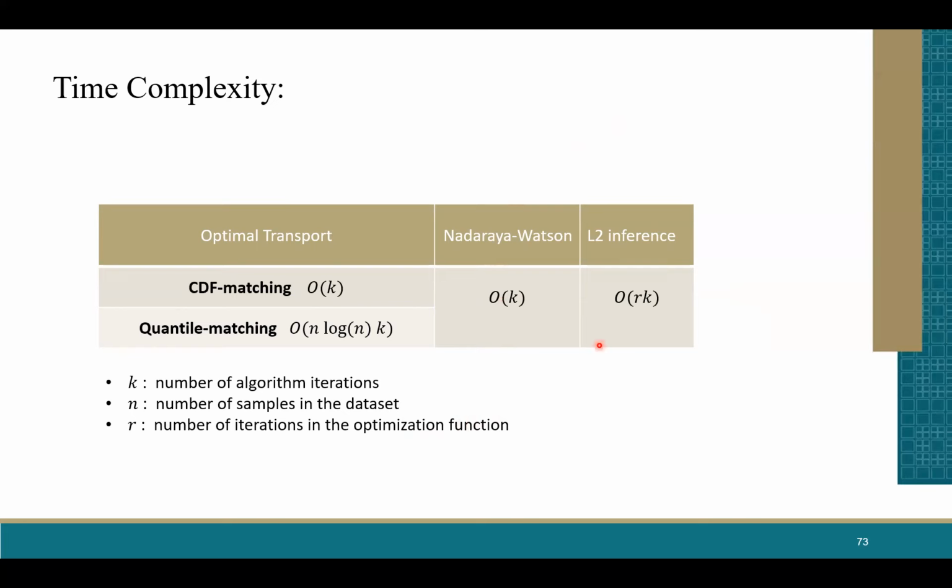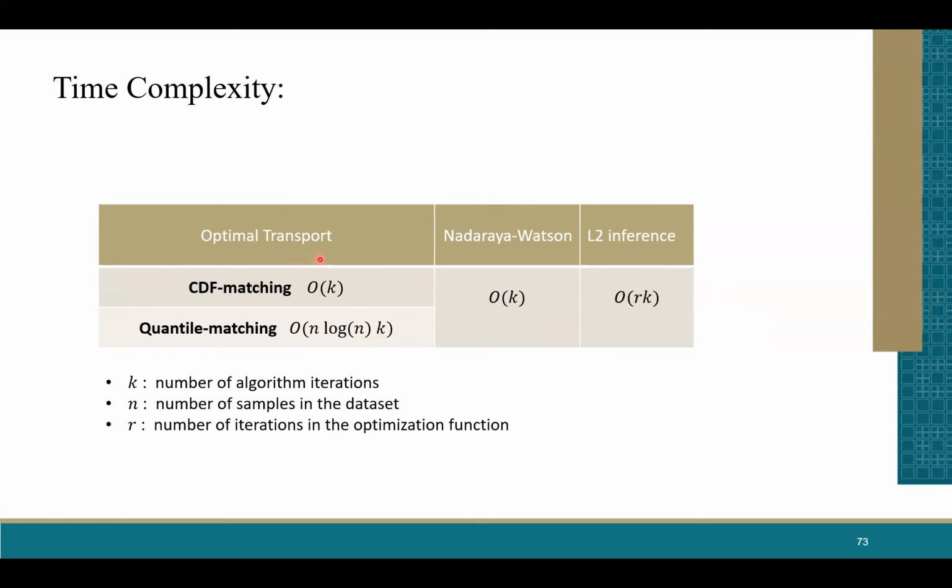So we have iterative algorithms, and these are the time complexity. Our iterative approach is suitable for parallel computation, and all the 1D transformations can run independently for each pixel.